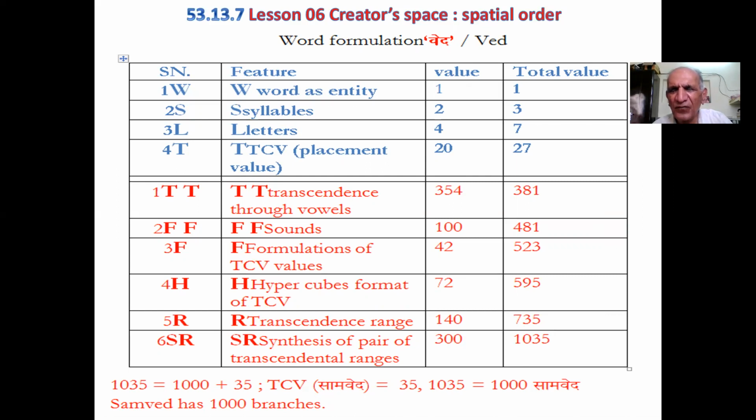And for it, if we go through all the 10 folds of TC value of formulation Ved, we will reach the complete summation value 1035, and value 35 will take us to TC value of Samved, and value 1000 will take us to 1000 branches of Samved. Lord Krishna enlightens, Srimad Bhagavad Gita preserves that Lord Krishna amongst Vedas is Samved.